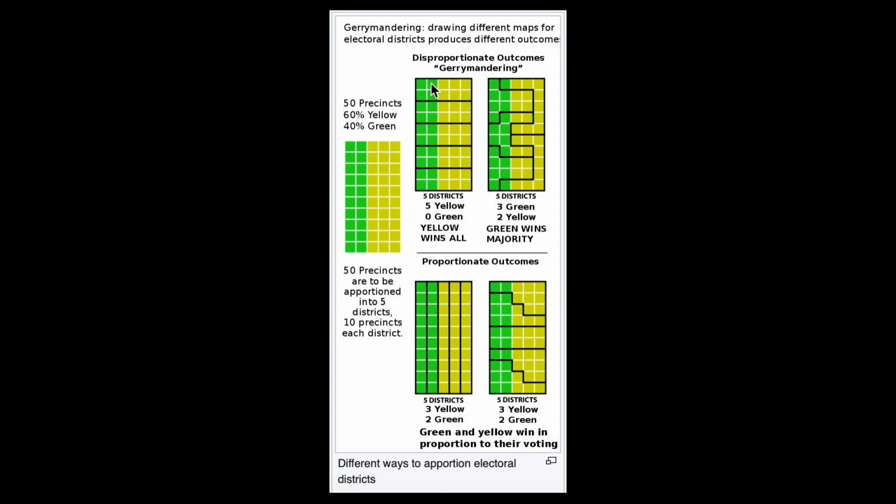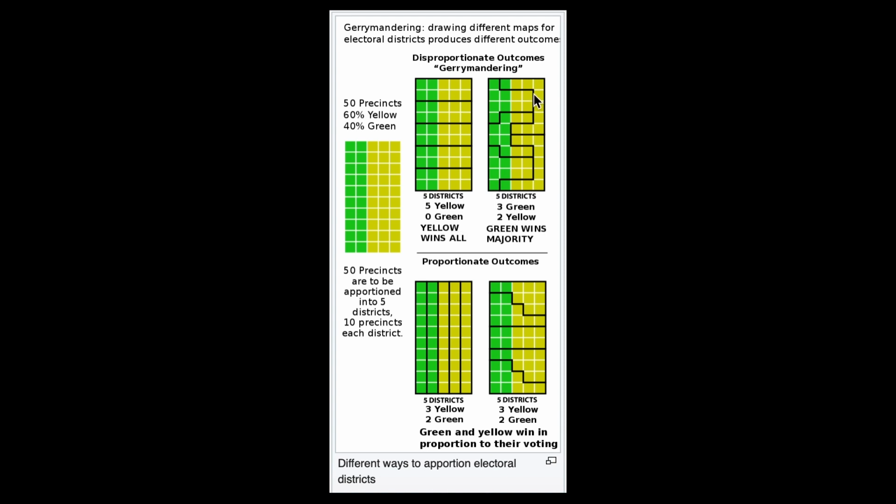If we have the 5 districts like this, what is the result of the election? It's easy to say that in each district, 6 voters voted for the yellow and 4 voters voted for the green. So the Yellow Party won each district. So in total, 5 districts go to the Yellow Party and none of them go to the Green Party.